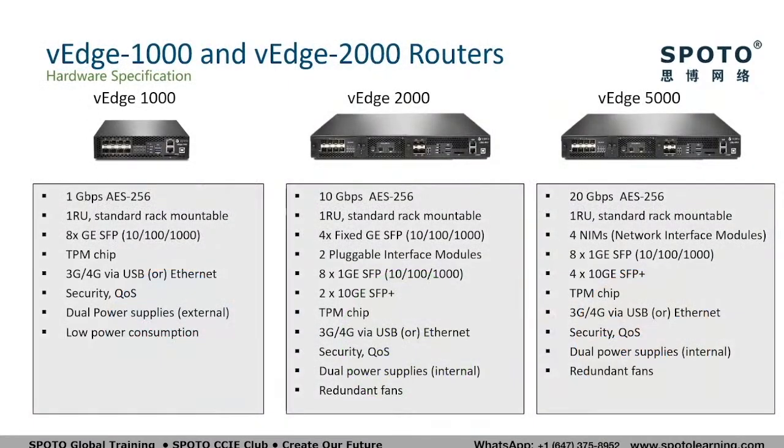The Viptela hardware platform, as we mentioned, has different hardware models with different performance. It's more about the throughput and the ports. So this is just information for your reference, right? This is a Viptela solution.